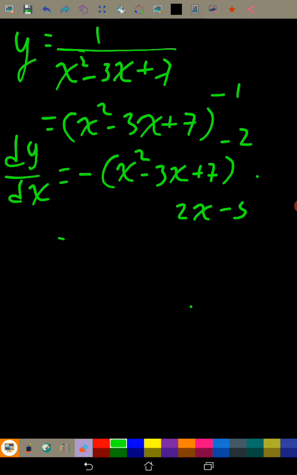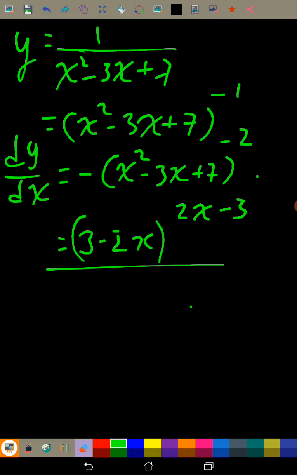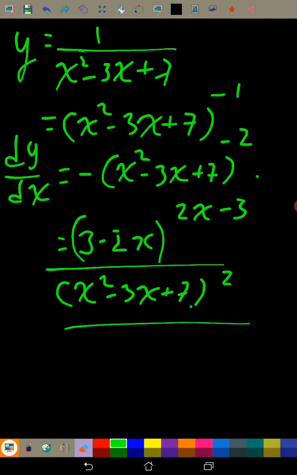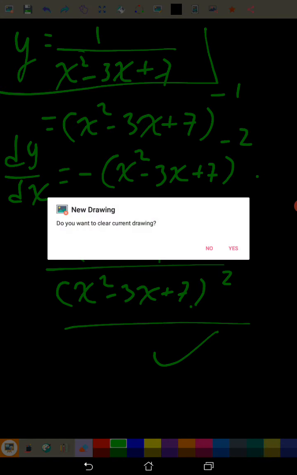So it's going to give me 3 minus 2x divided by the whole thing to the power of 2. Looks an interesting answer to me, an interesting derivative of this equation. Alright, it's good, and looks like we don't have problems with differentiating such equations.